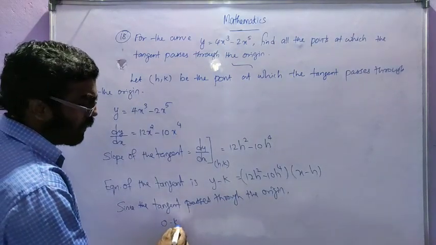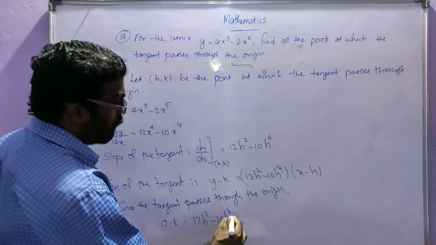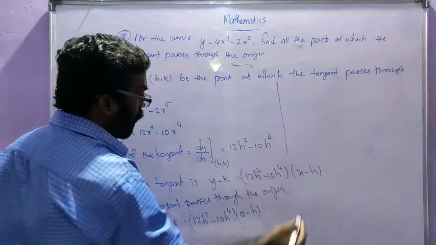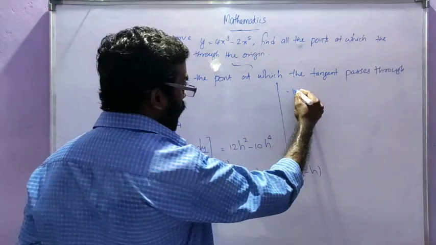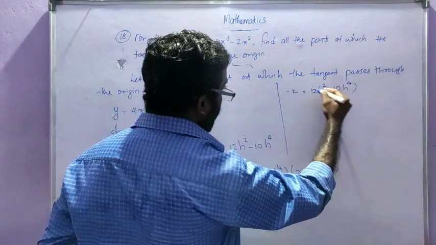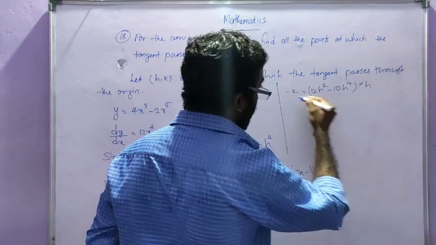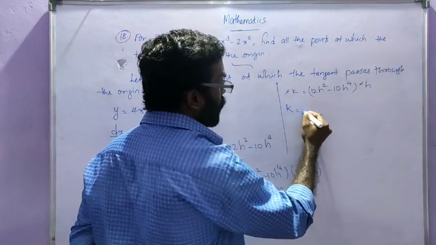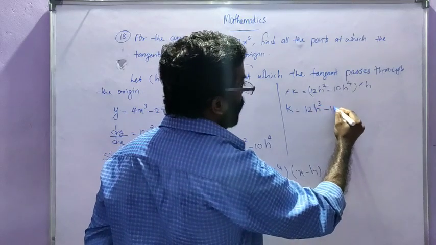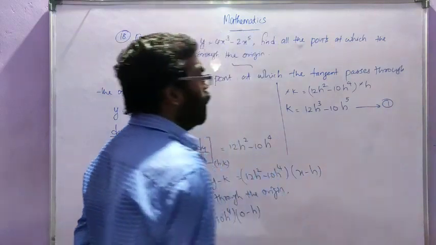So 0 - k = (12h^2 - 10h^4) into (0 - h). So -k = (12h^2 - 10h^4) into (-h). Here minus and minus we can cancel. k = 12h^3 - 10h^5. You can take it as equation number 1.